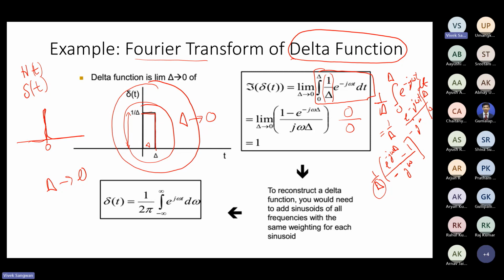We will use the L'Hopital rule. The L'Hopital rule says that when you encounter a 0 by 0 form, you differentiate the numerator and you differentiate the denominator with respect to the variable, which is delta in this case, and then substitute whatever you want to substitute.